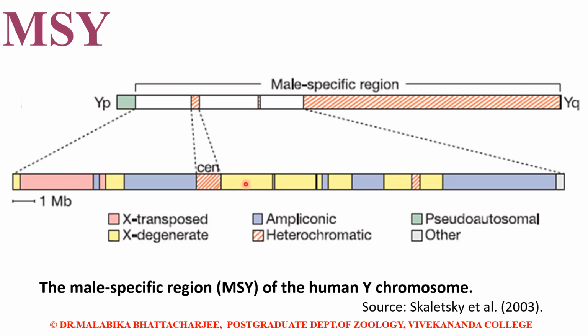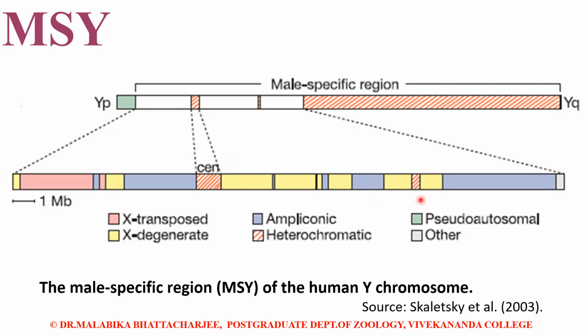The X degenerate region contains 27 single copy genes and a number of pseudogenes. So what are pseudogenes? Genes that originated from the X chromosome, but whose sequences have degenerated sufficiently during evolution to render them non-functional. For example, the promoter element might be missing. So these are pseudogenes.